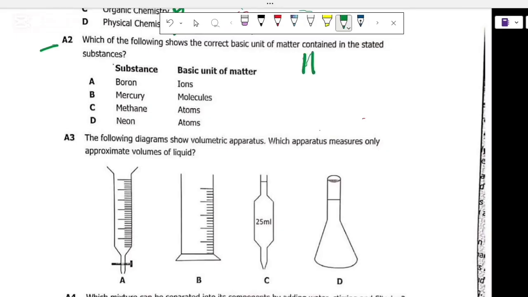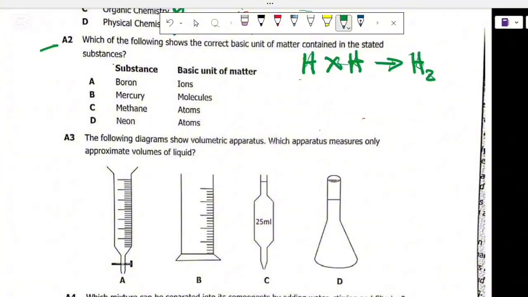Hydrogen is an atom, and it is also an element. When two of these combine chemically, you're going to have a molecule. And a molecule is going to be written like this. So you have H2. So that H2 is showing that this is a molecule.